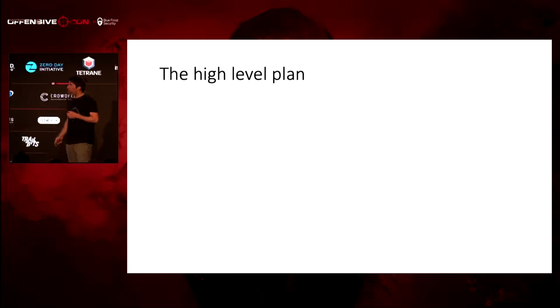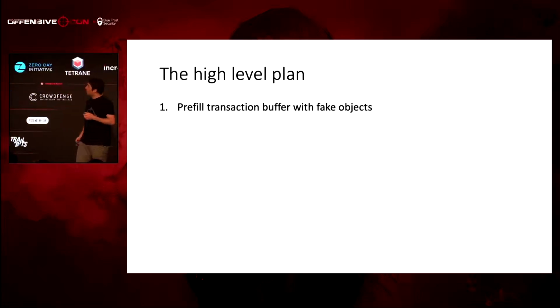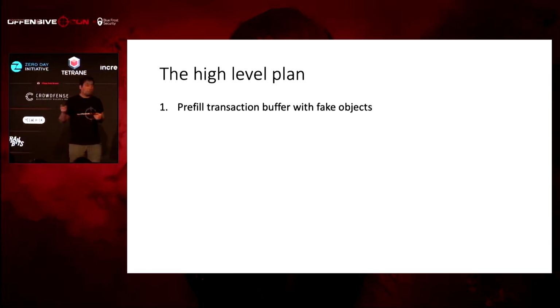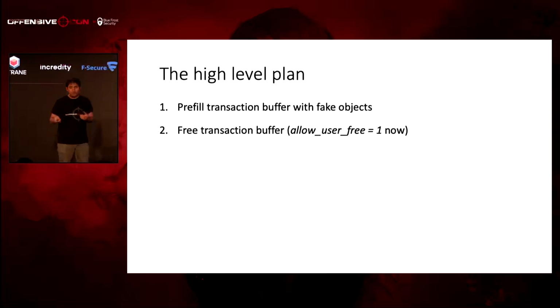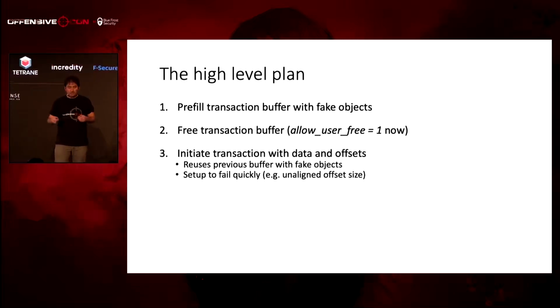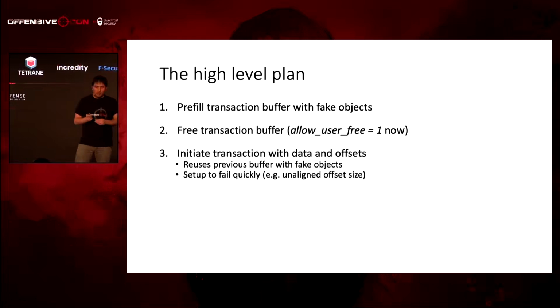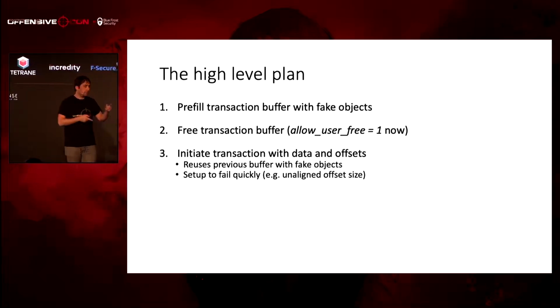So what's the high-level plan, to summarize a bit? First, we prefill the transaction buffer with fake objects. Next, we free the transaction buffer so that allow user free is 1. Next, we make a transaction which has data and offsets such that the driver will process the objects that we prepared in there. And we make the sending side fail quickly, to make it exit fast and not process these fake objects, because otherwise it will start translating them and make a mess of them.